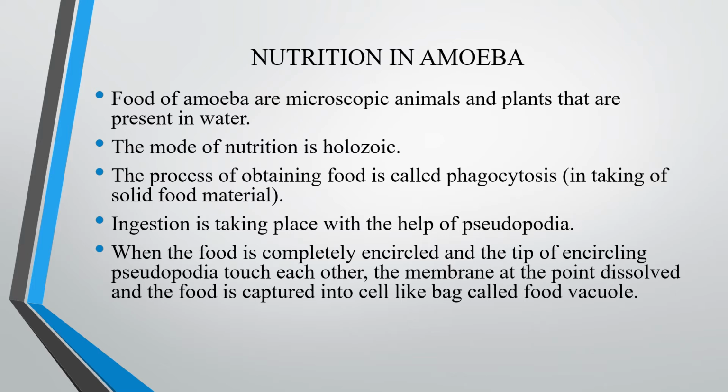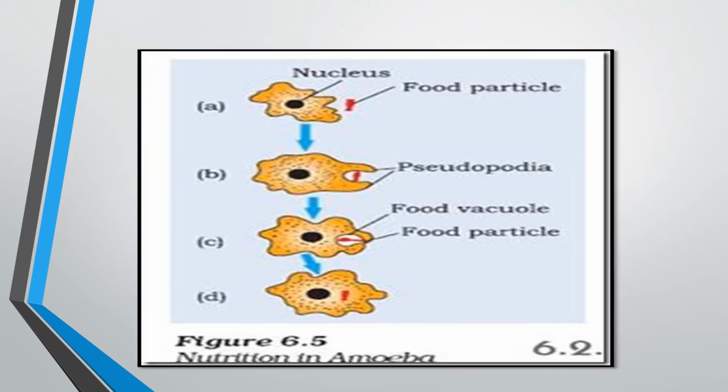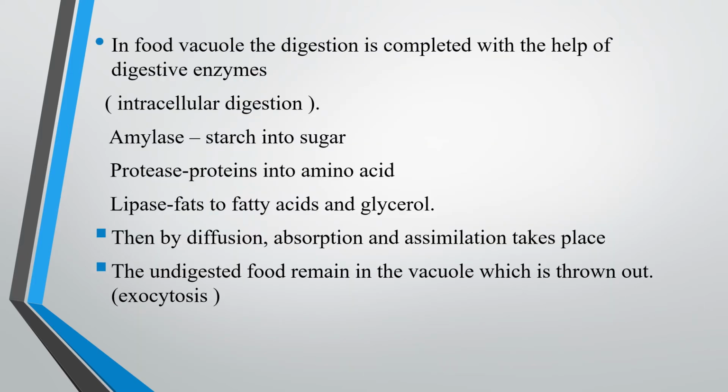Now you can see it in the diagram very clearly. The food particle is trapped in between the pseudopodia. Then when the pseudopodia touch, forming a bag-like structure, digestion starts. In the food vacuole, the digestion is completed with the help of digestive enzymes. The process is intracellular digestion.